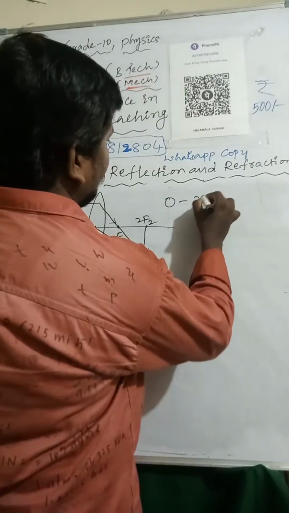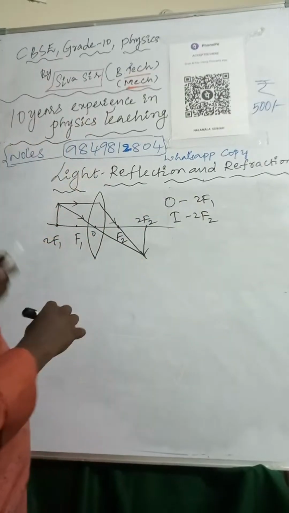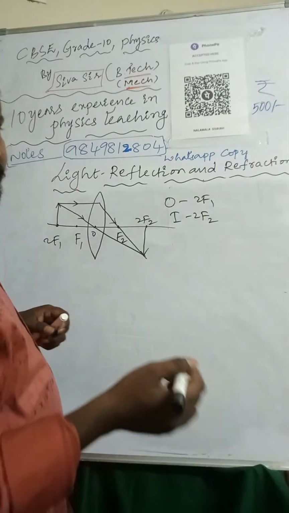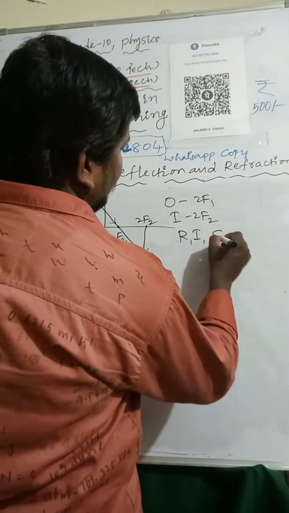The image will form at 2F2. What is the nature of the image? Real, inverted and the same size.